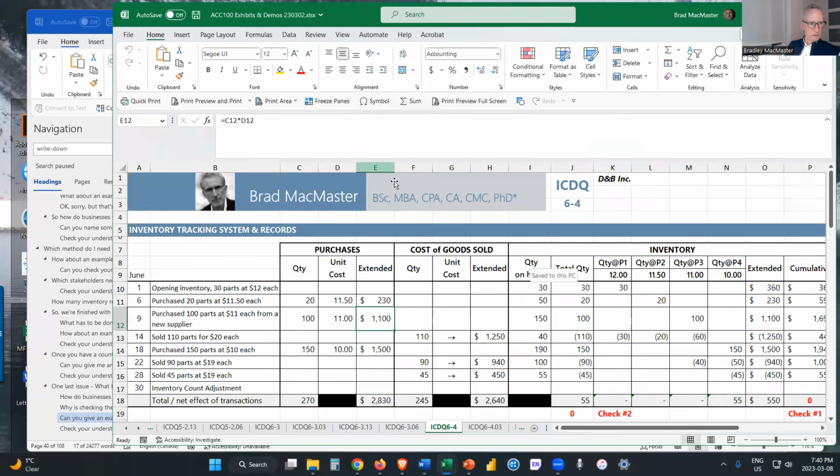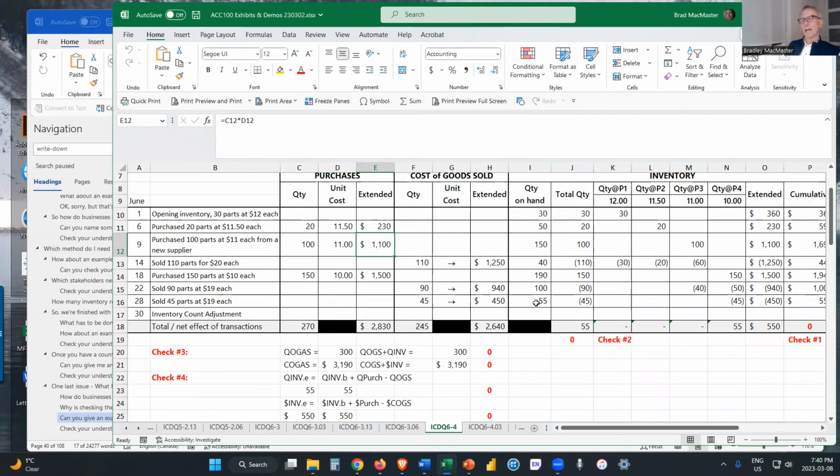So if you remember on this one, our inventory tracking record said that we had 55 units on hand. We did a physical count and found there was only 47. So we were missing 8 units. And if you look at the distribution of this inventory here, we only have units that cost us $10, right?